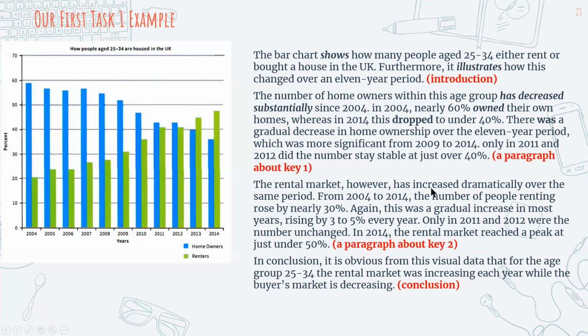I could use the past simple and say increased dramatically. I would not say has. Anyway, from 2004 to 2014, the number of people renting rose by nearly 30%. So it was 20%, and now it's almost 50%.